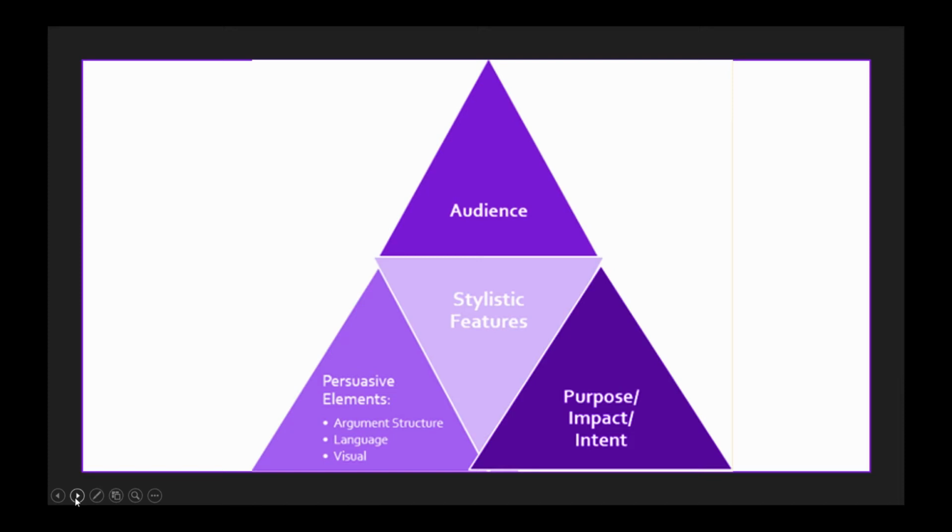And of course, we need to also incorporate the visual. Now, depending on the structure of the piece, there might be one or multiple visuals. Within the exam, you only have to look at one visual, but you do have to look at the persuasive aspect of that visual.